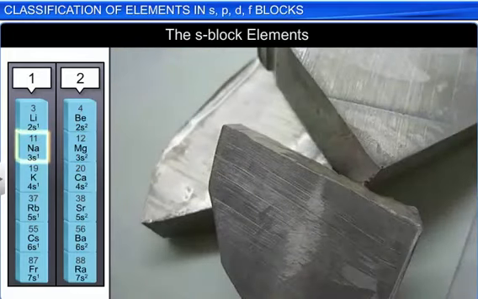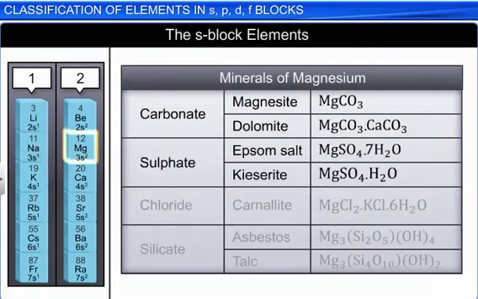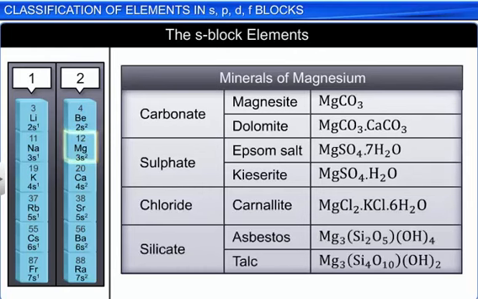For example, magnesium occurs in the combined state as carbonates, sulfates, chlorides, and silicates, but never as pure magnesium. The metallic character and chemical reactivity of S block elements increases as we go down the group.